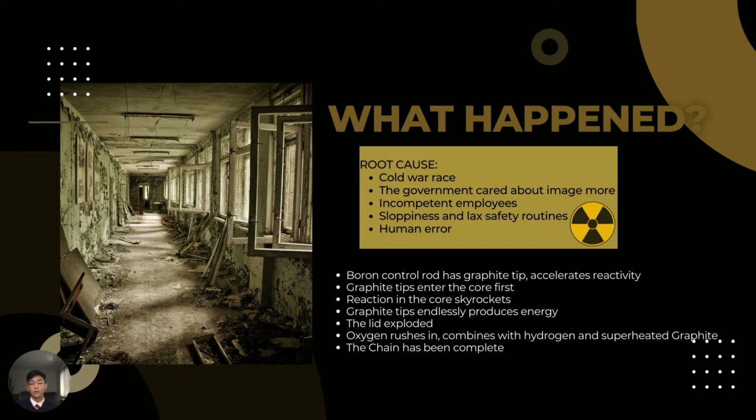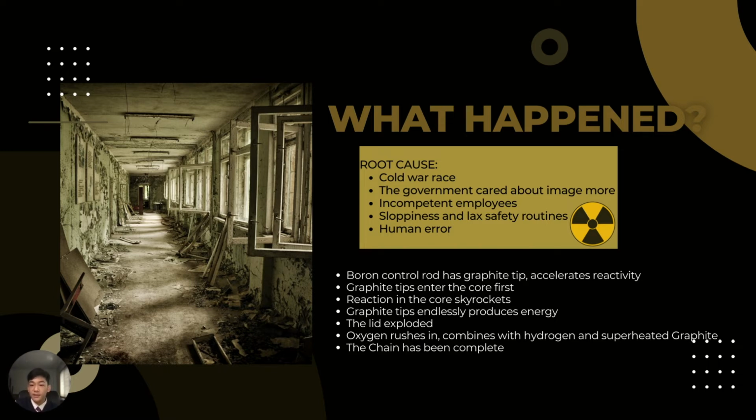Now, inside the core, the most crucial part of a reactor, the control rods, is to decelerate reactivity. However, Chernobyl's had a fatal flaw. They had graphite tips which accelerate reactivity instead. Why? It's cheaper. The first part to enter the core are the graphite tips. Thus, the reaction in the core, which had been rising, skyrockets.